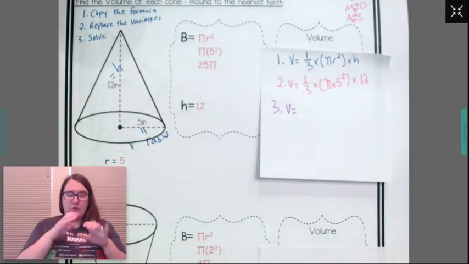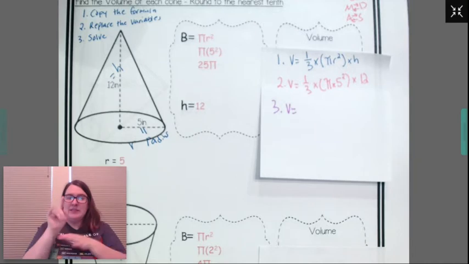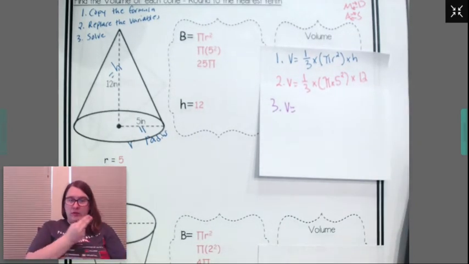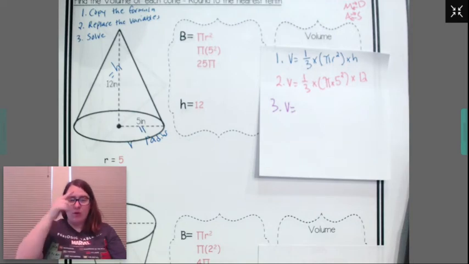All right, so I'm going to do my parentheses first. Now, if you don't have a graphing calculator, do you need to use 3.14 for pi?